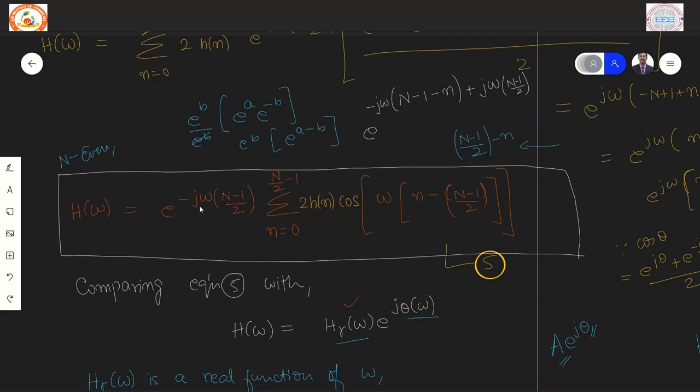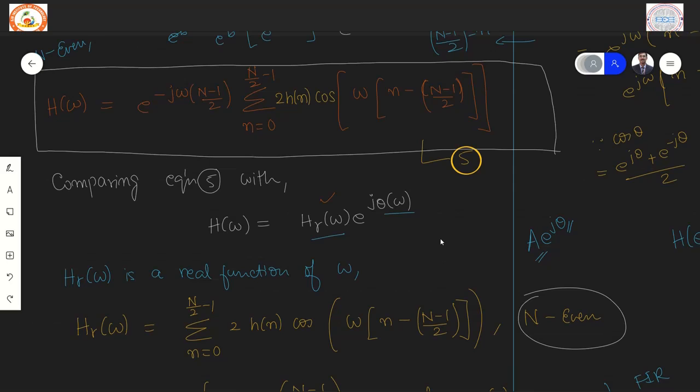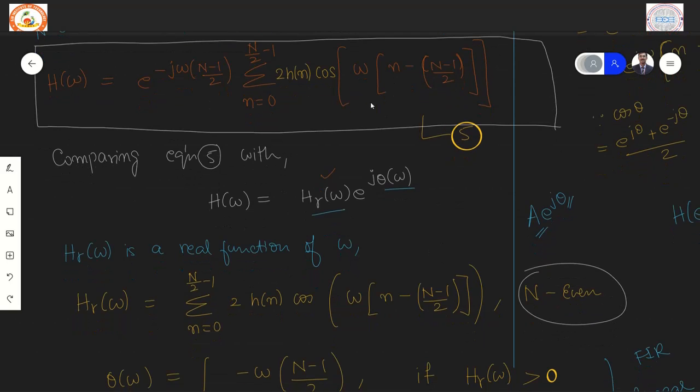Whereas the exponent is the term which is beside j here. Therefore, the exponent power is theta of omega, which is equal to minus omega (N minus 1) by 2. Therefore, now we can express the Hr of omega as the summation as shown. It is summation n from 0 to N by 2 minus 1, 2 times h of n cos of omega times (n minus (N minus 1) by 2) within the brackets.